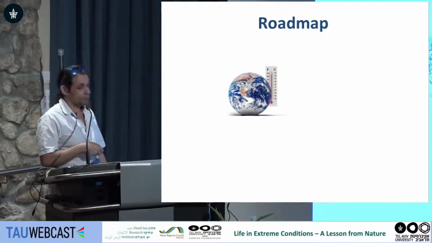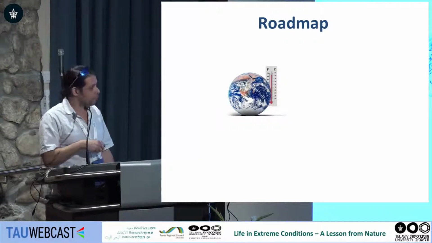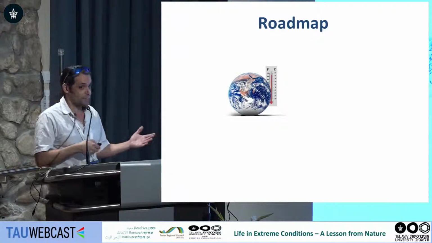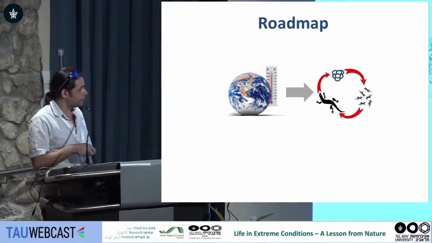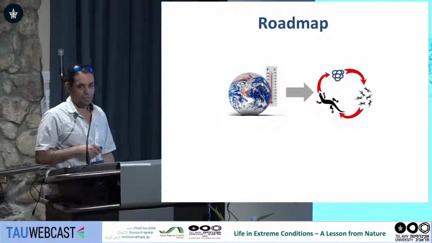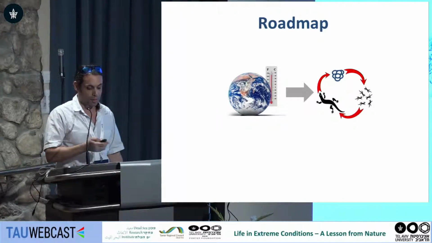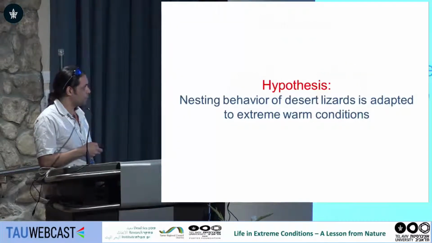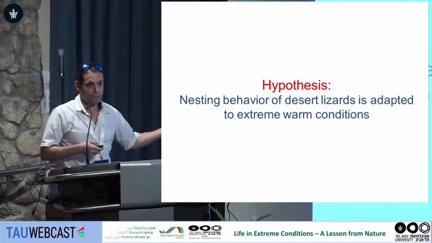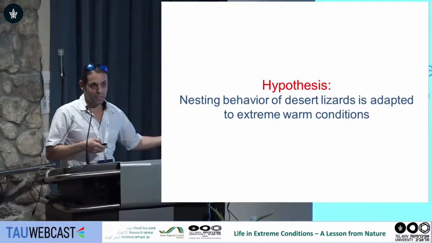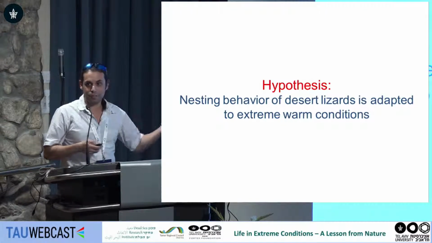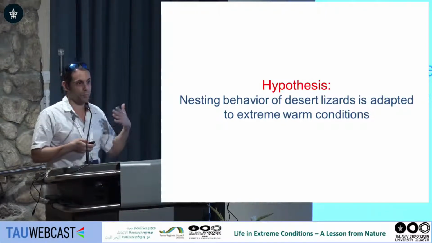So I told you about the environmental data, how we used computer simulation to increase the resolution of the environmental data, and why this is important for animals. And I told you about why experiments are also important when we try to figure out the impact of climate change on animals. The next project is actually to work here in the desert, in the Dead Sea area, and try to find how lizards nest in the desert, where they lay their eggs.